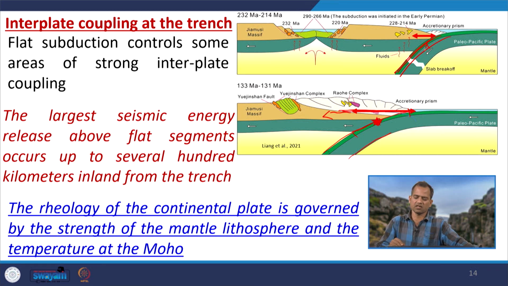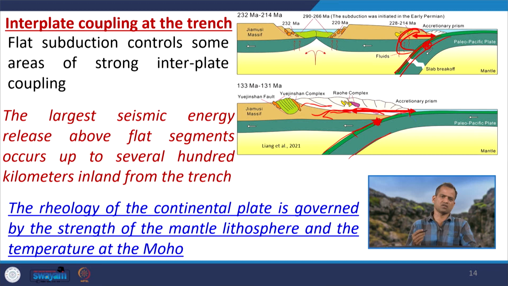However, any energy released by an earthquake in this region, as the degree of coupling is very low, will affect only up to a certain distance like this. But in this case, the energy released by the earthquake here can affect large areas. So, the degree of coupling also defines the region to which the seismic activity can be felt.